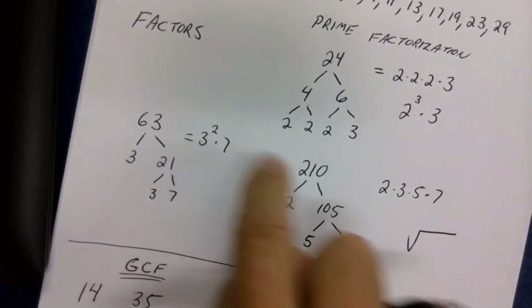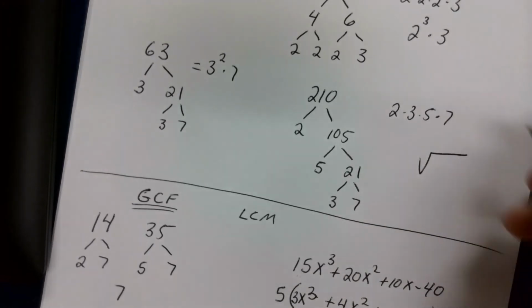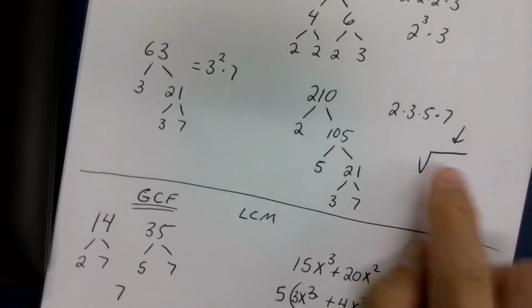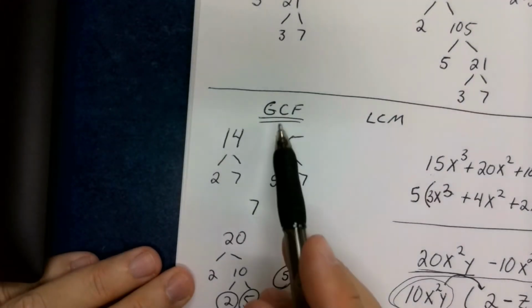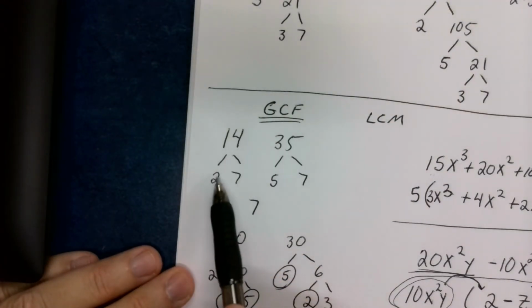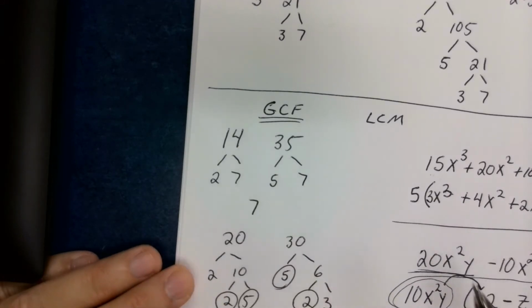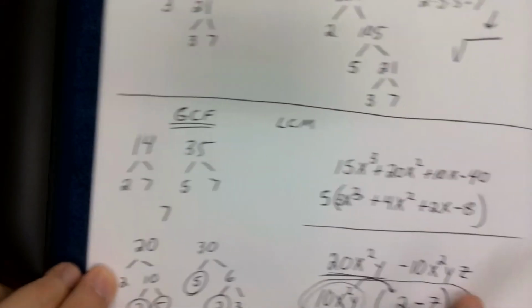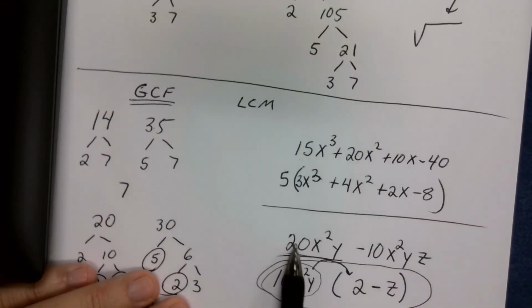When we have prime factorizations of these numbers, they are going to help us hugely when we start dealing with these things called radicals later on. There is something called a GCF, which is the biggest factor between two numbers, between like 14 and 35. And we can also use GCFs with extended polynomials like we just did.